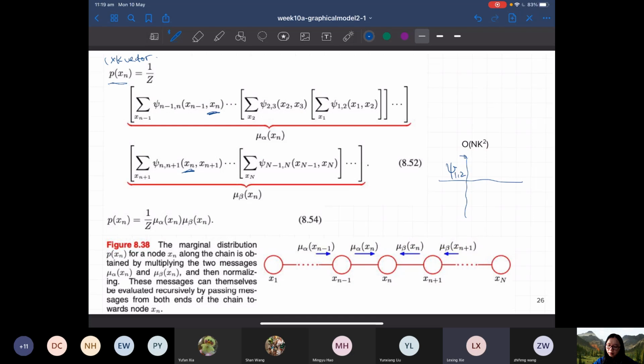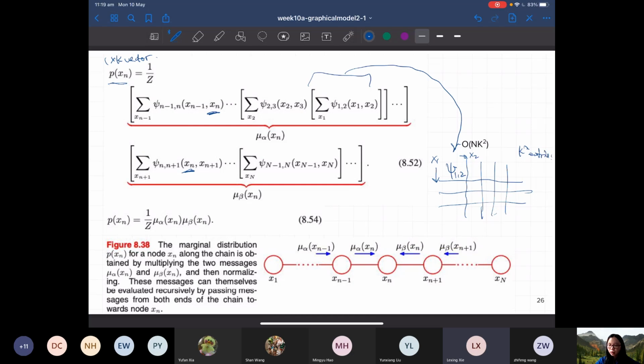So let's say we have rows corresponding to x1, columns corresponding to x2. Right, so this sum corresponds, and there are k squared entries in here.